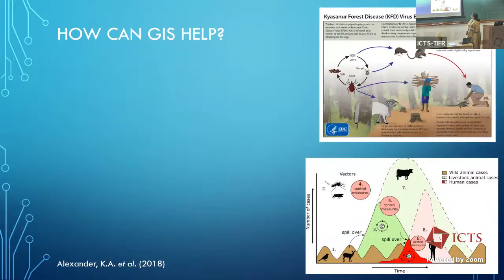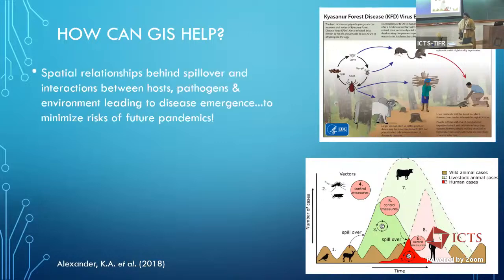So when we bring GIS into this, you can see that there is big scope here because it is based on these spatial relationships, especially things like spillover, when hosts and pathogens interact in the environment, leading to disease emergence. So one role of GIS is in minimizing the risk of future pandemics.